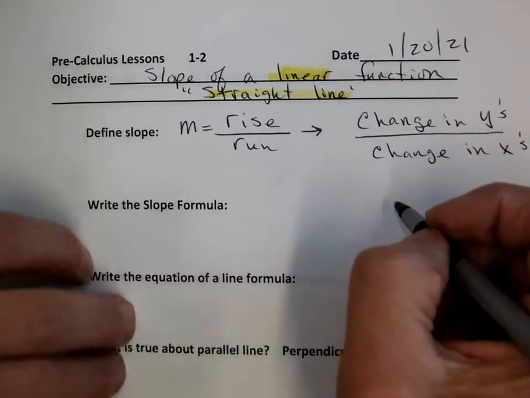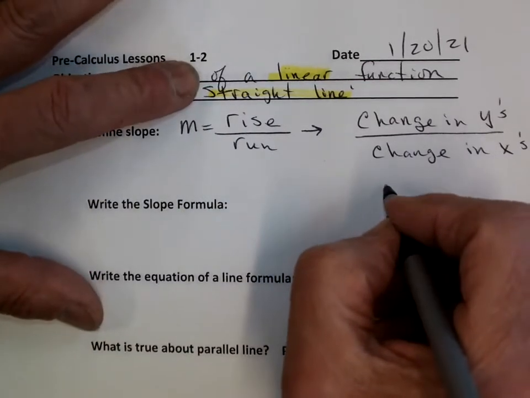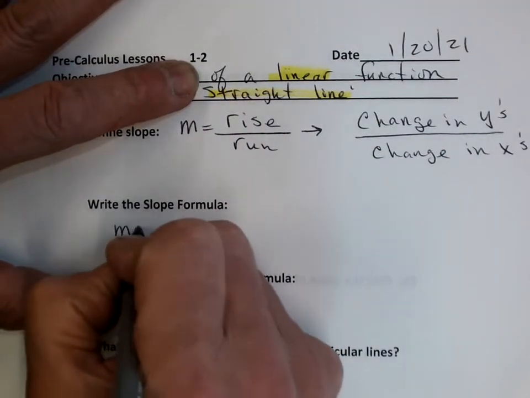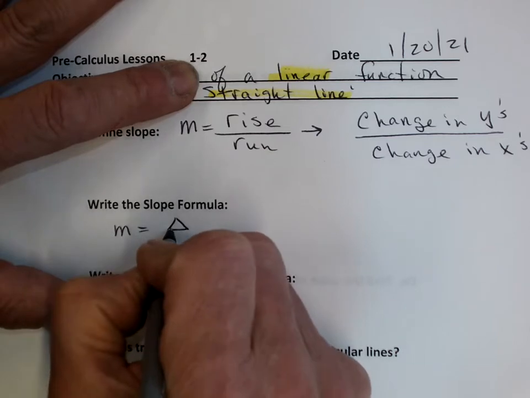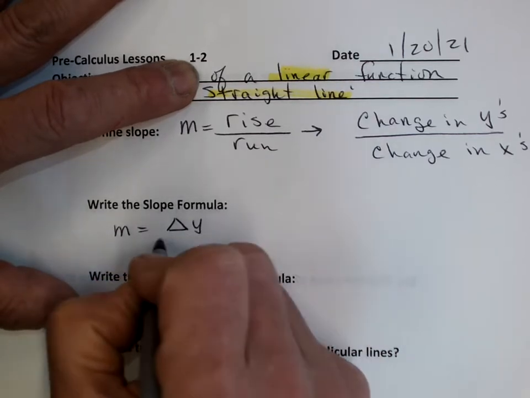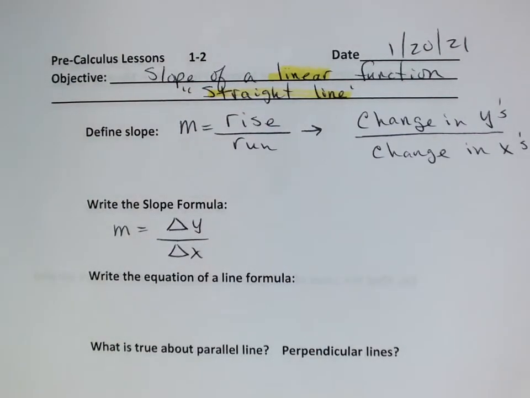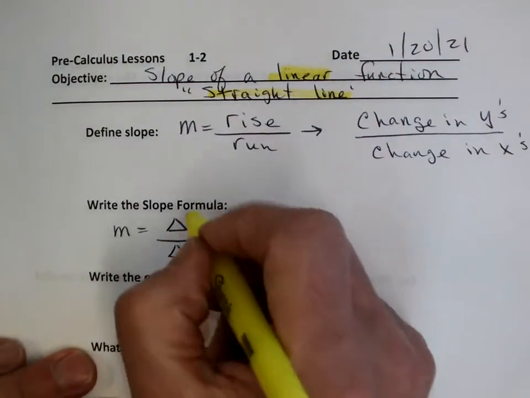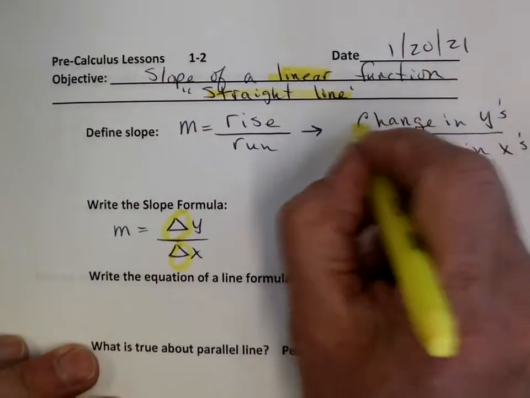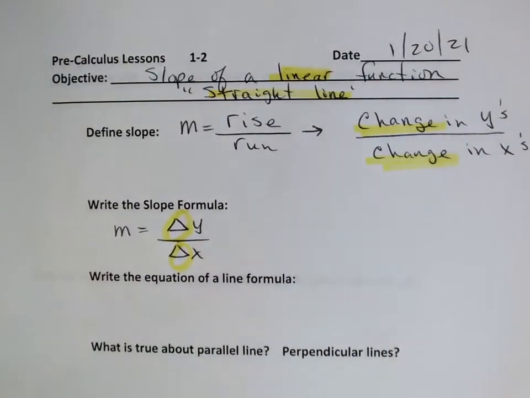You will also see it as delta y over delta x. Now, you're not going to see a lot of that until calculus, but the word delta means change. So when we get to calculus, that triangle does not mean triangle. It means delta, which means change in y.